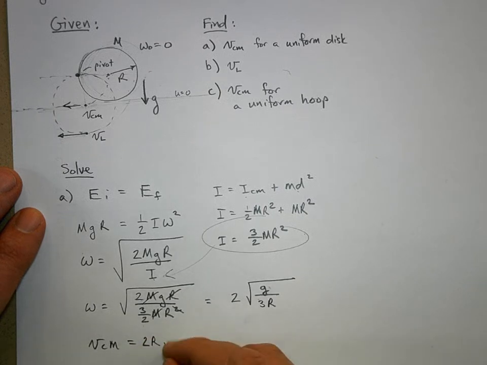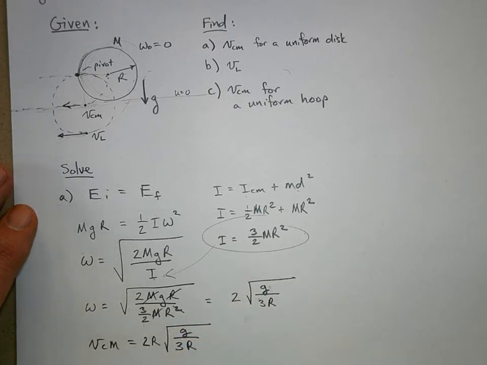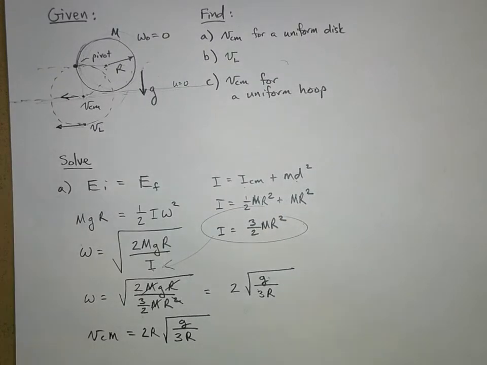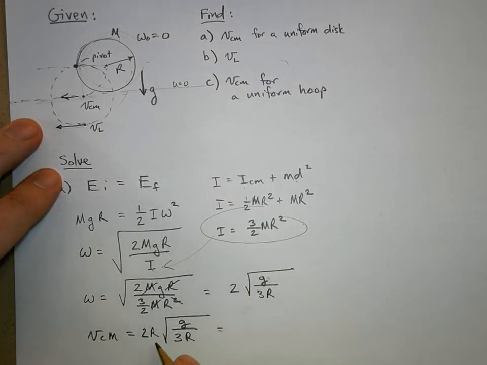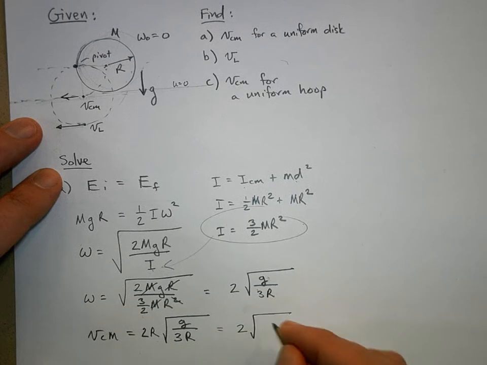So it's 2r times the square root of g over 3r. Now, this isn't really simplified as much as it could be. Let's put an r inside.